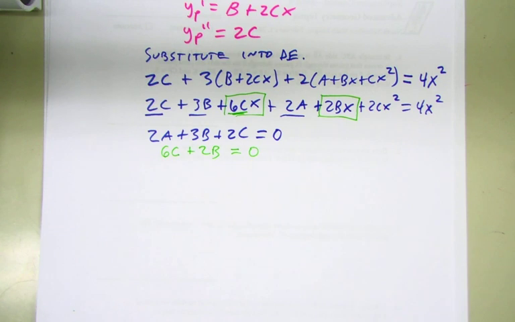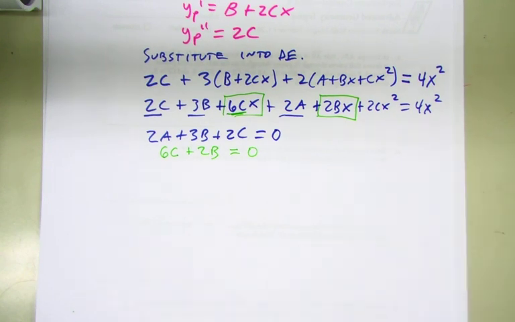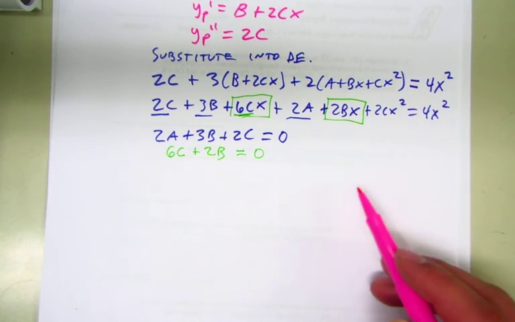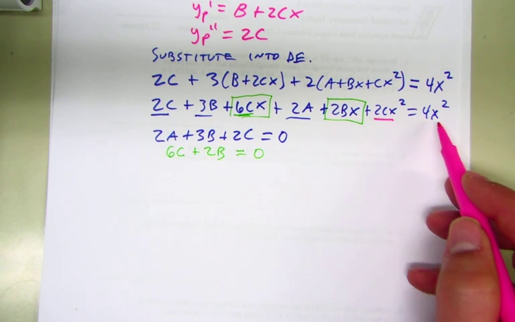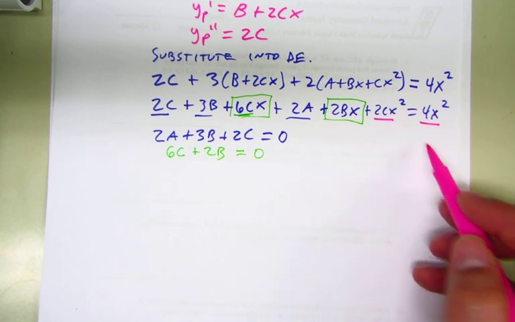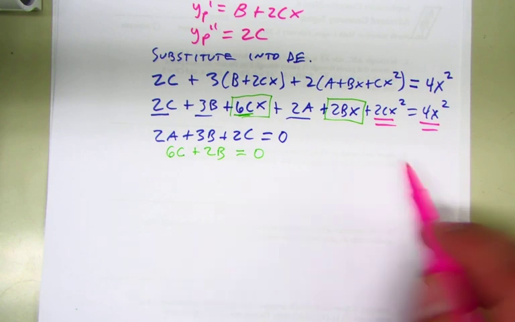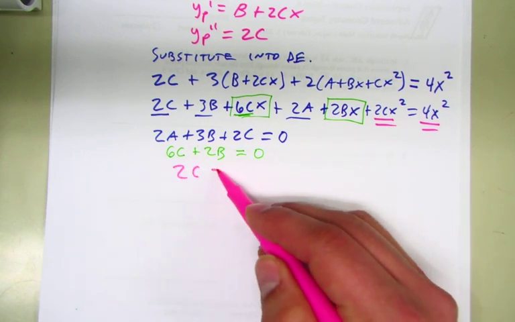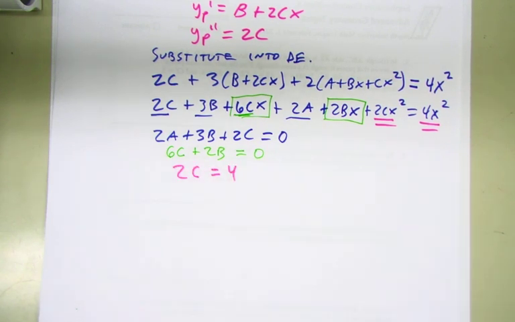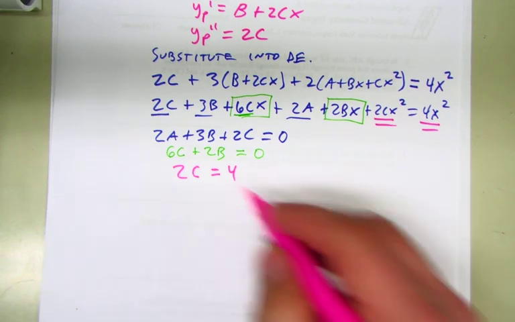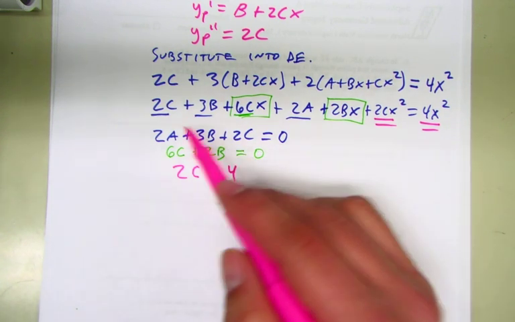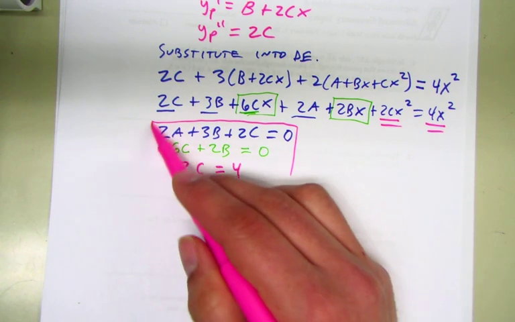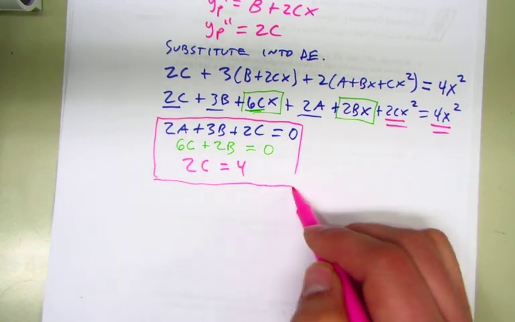Okay, so what does that leave us with? So that leaves us with this 2c x squared, and that has to equal 4x squared. So in other words, 2c has to equal 4. Okay, and now you can solve the system. So if you see the 3 by 3 system here, this is not horribly difficult to find the solution.